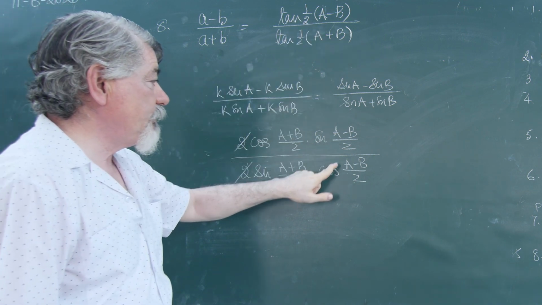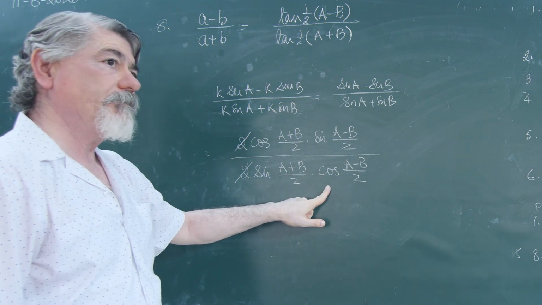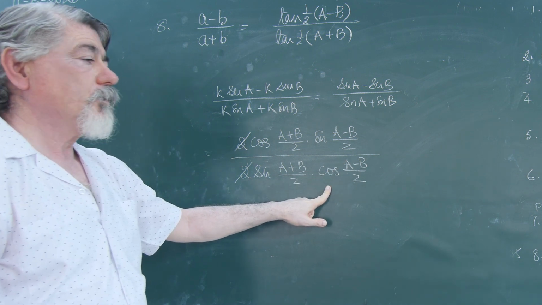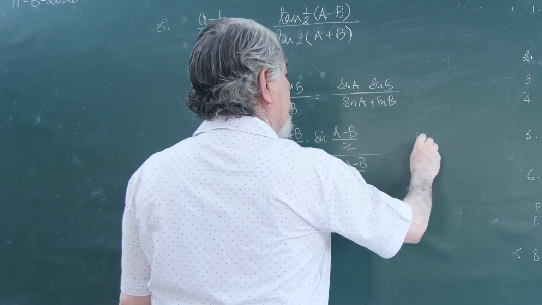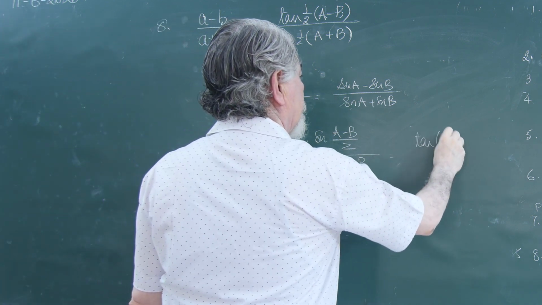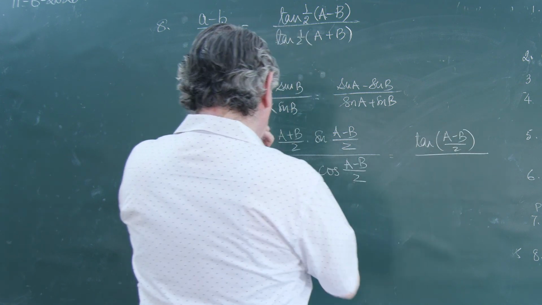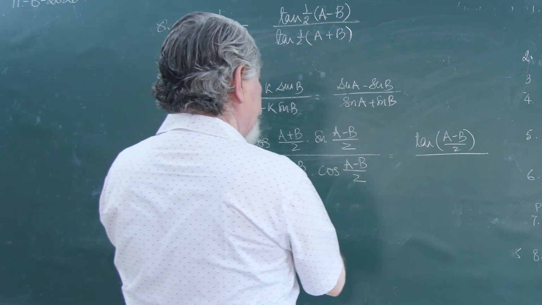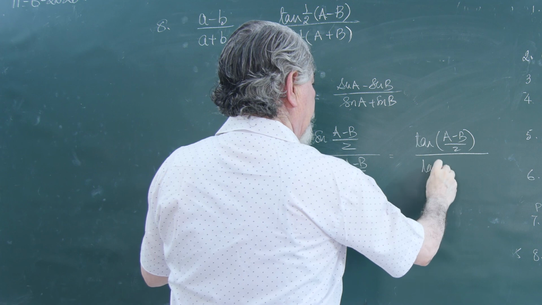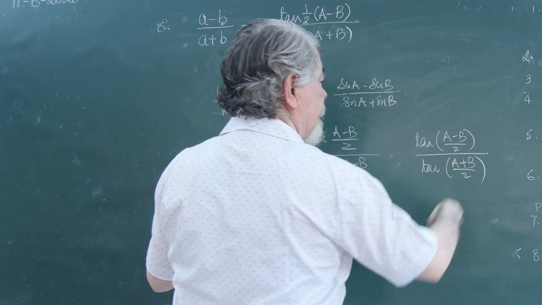So sin A minus B upon 2 divided by cos A minus B upon 2 will become tan A minus B upon 2, and sin A plus B by 2 upon cos A plus B by 2 will become tan A plus B upon 2. That we get as the answer.